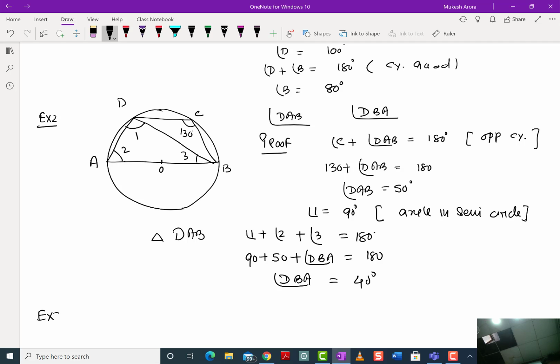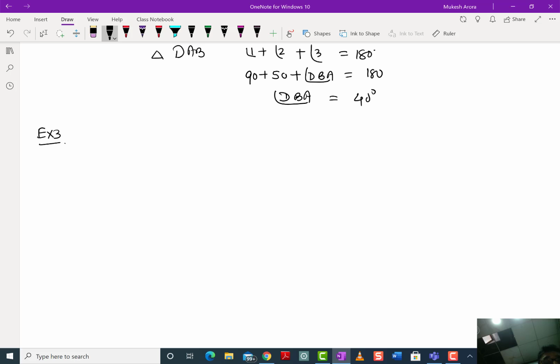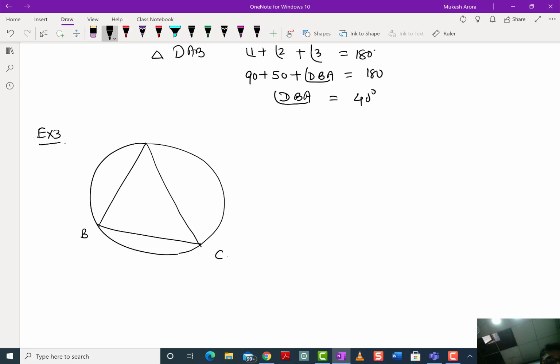Example 3. BC is a chord, O is the center of the circle, and this angle is 48.